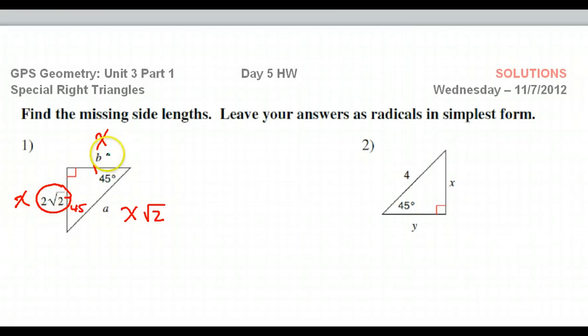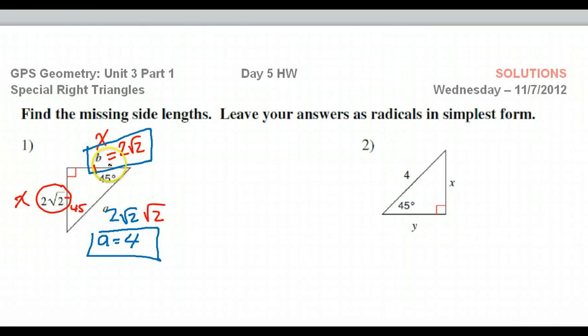So if this is 2 radical 2, that means this is 2 radical 2. So if I erase this x and put 2 radical 2, I've got 2 radical 2 radical 2. So this is going to wind up being 4. So A is equal to 4, and of course B was equal to 2 radical 2.